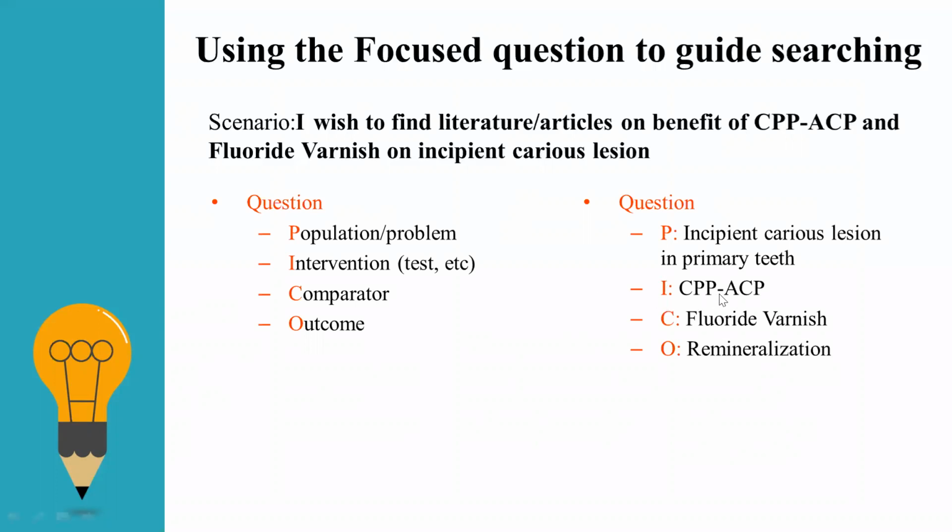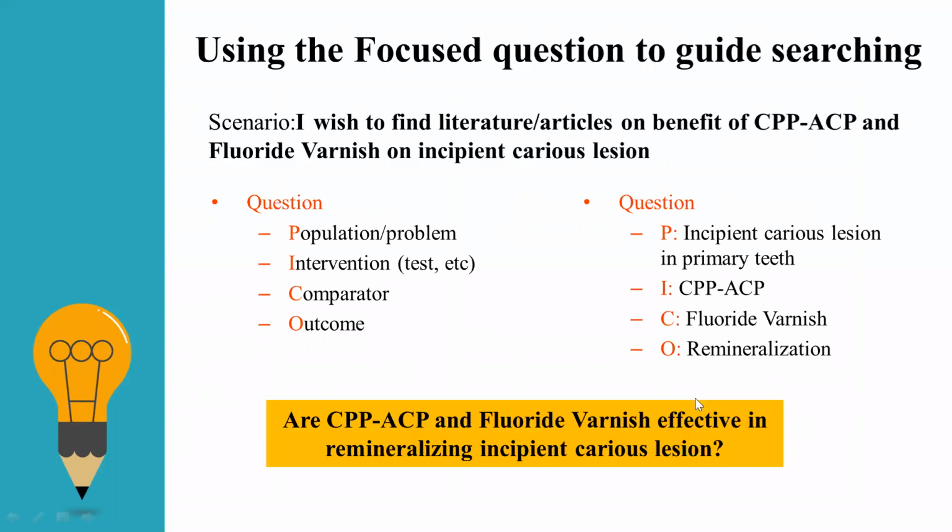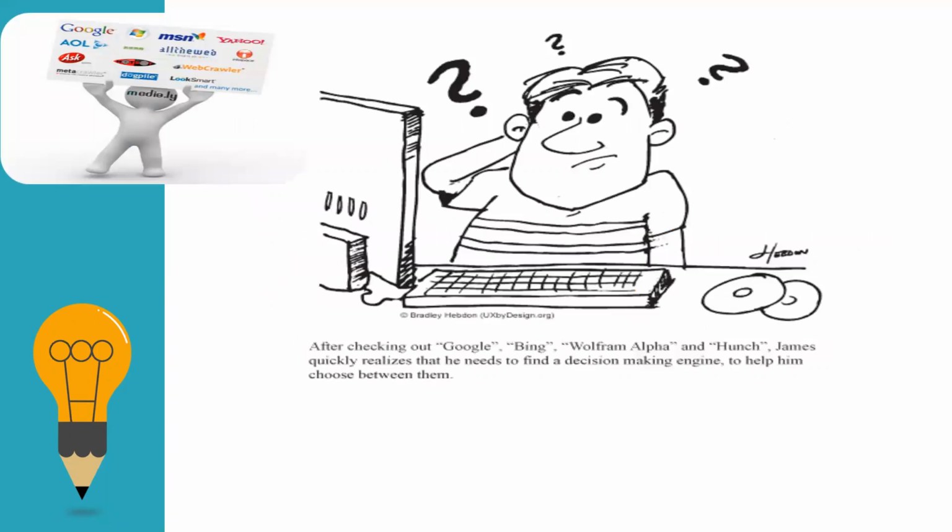The intervention is CPP-ACP. The comparator is the gold standard fluoride varnish, and the outcome which we are looking for is remineralization of these incipient lesions. So the search question becomes, are CPP-ACP and fluoride varnish effective in remineralizing incipient carious lesion? So with this search question, let's begin our search.